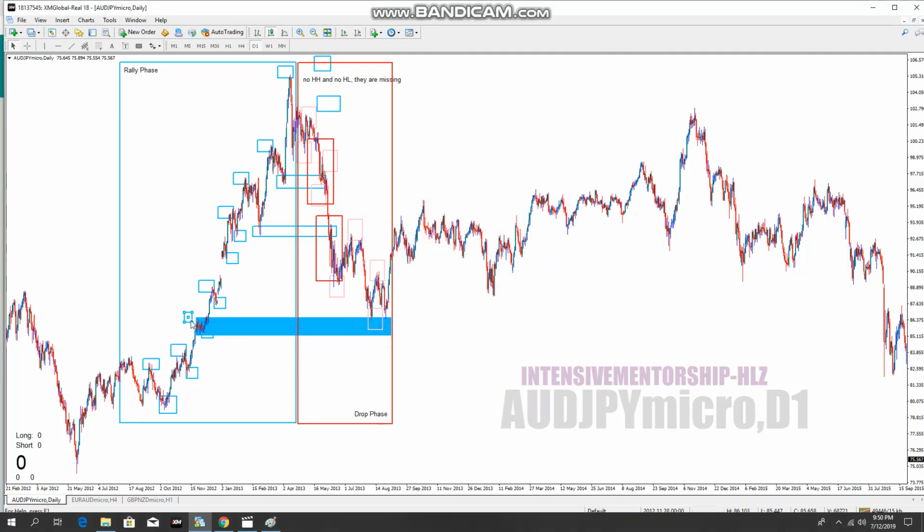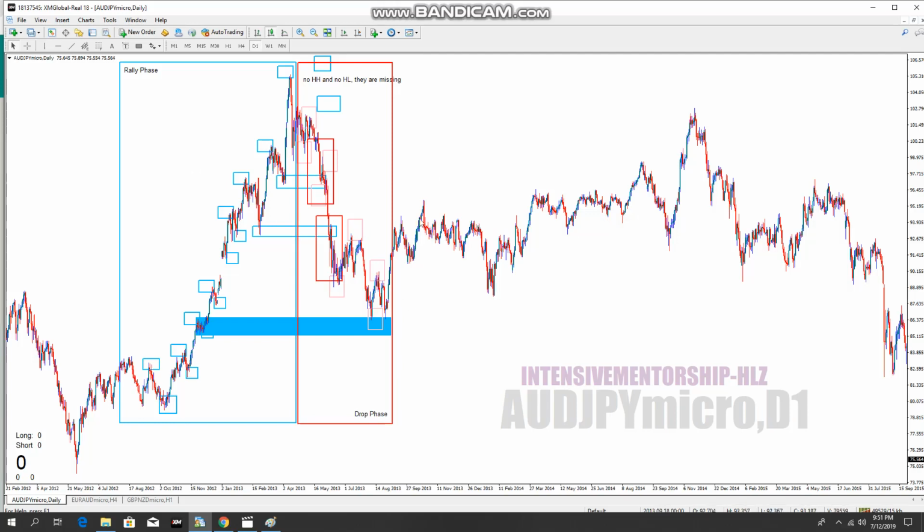The price starts going up again because it has been held by this RBR, rally base rally, and then the price is retracing upward.